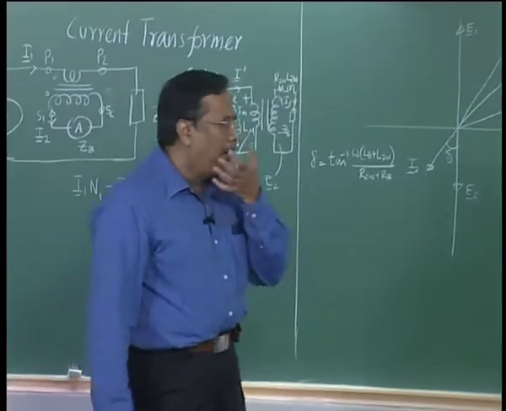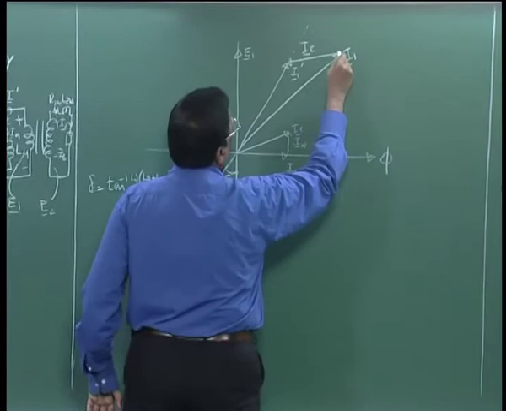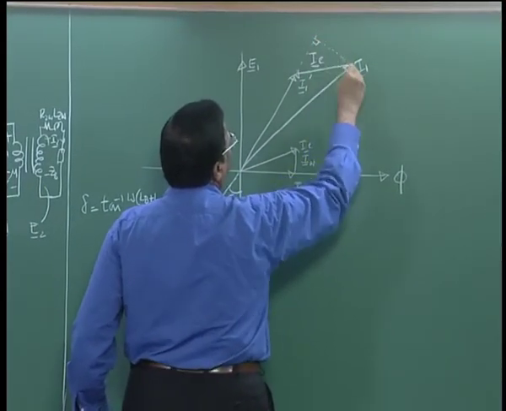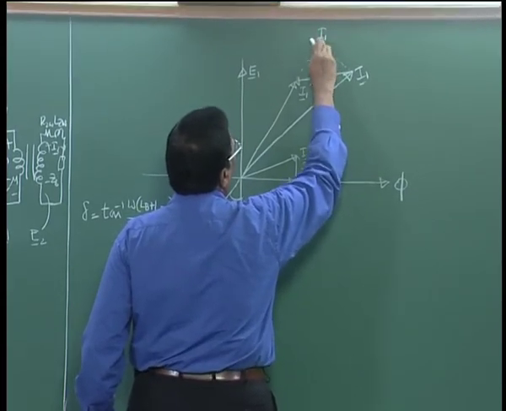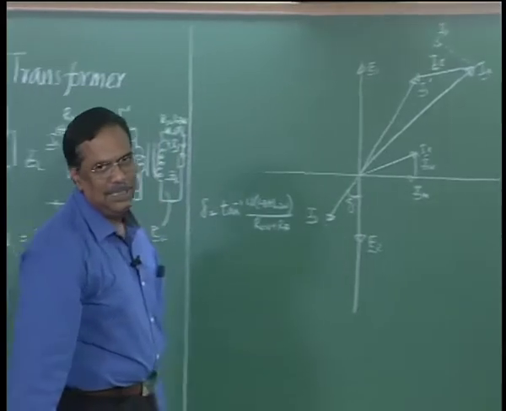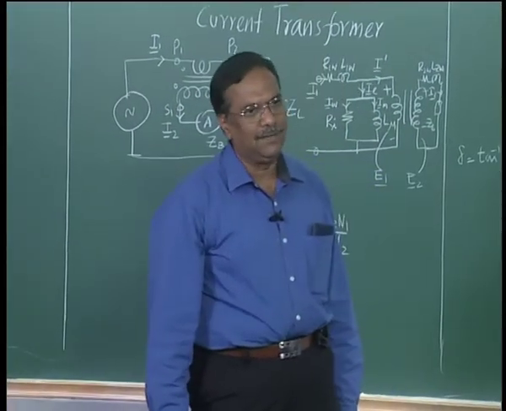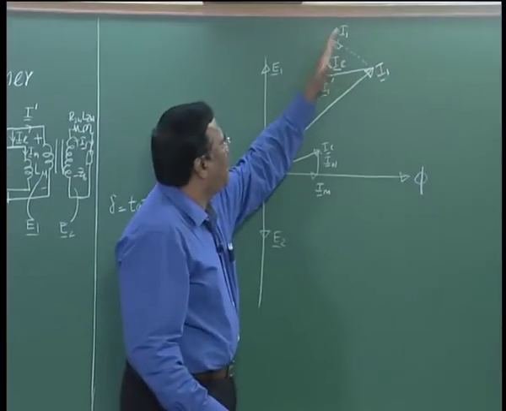Now, if I extend this and then drop 90 degrees here, I can say this is approximately equal to I1 in magnitude, isn't it? So, I am swinging I1 from here to here.